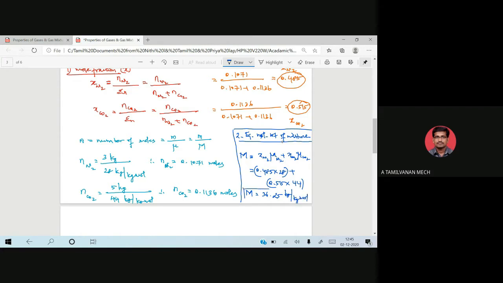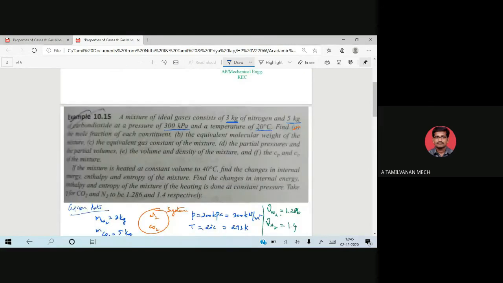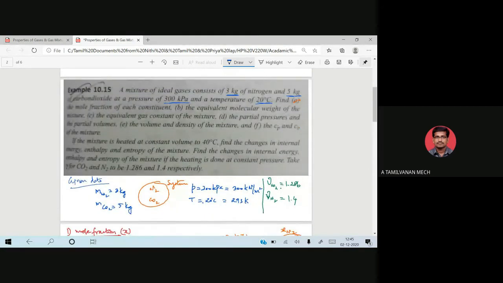Okay, so first we calculated the mole fraction of each constituent. Second is the equivalent molecular weight of a mixture. Then third, you are going to find the equivalent gas constant of the mixture.